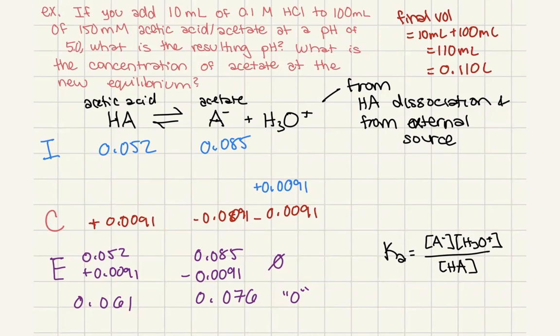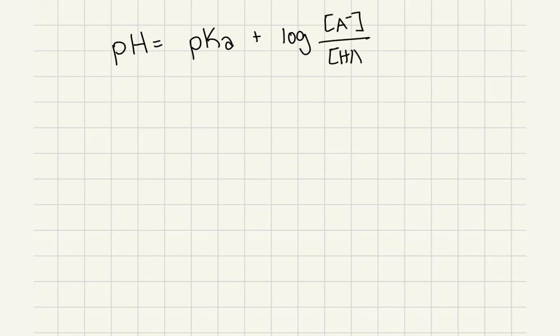And so now let's figure out our pH using our Henderson-Hasselbalch equation. Remember that the Henderson-Hasselbalch equation tells us that the pH equals the pKa plus the log of our conjugate base over our conjugate acid. Now that we know the concentrations of our conjugate base and our conjugate acid, we can calculate the pH.